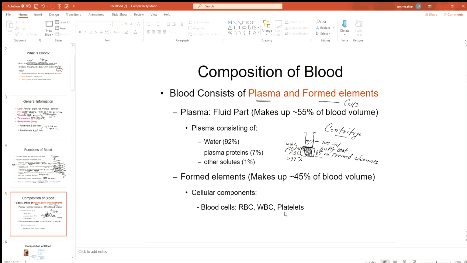Okay, so that is 45% by the formed elements. And now if I measure the liquid part here, which is the plasma, this is about 55%. Remaining 55% is plasma.